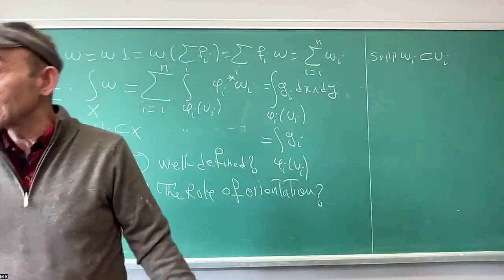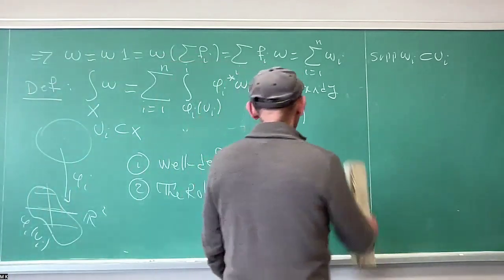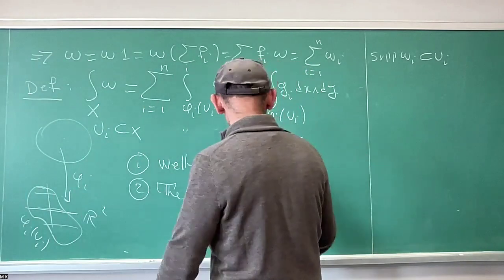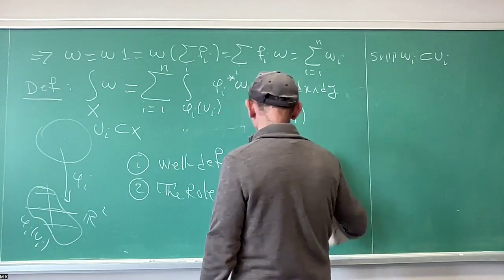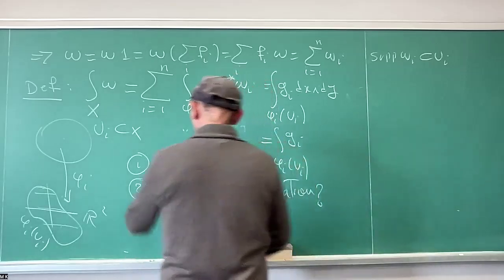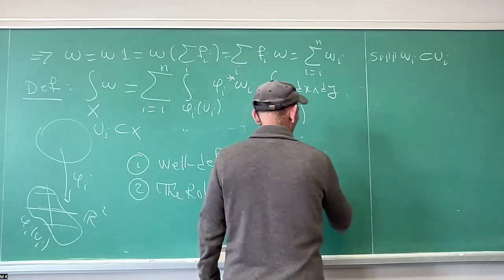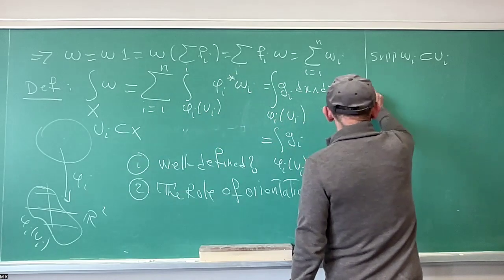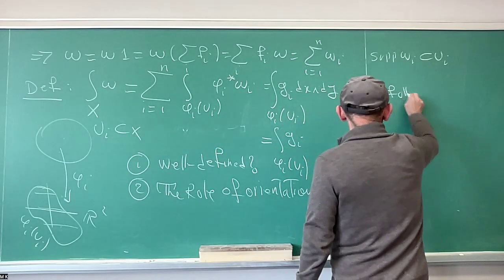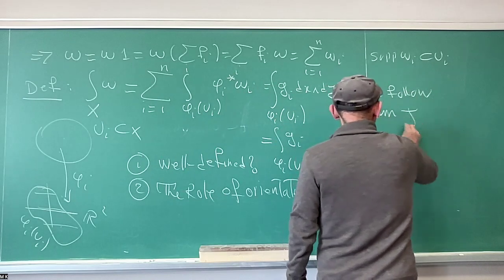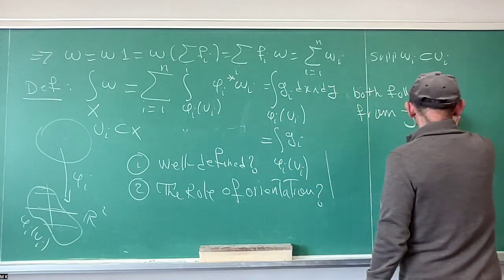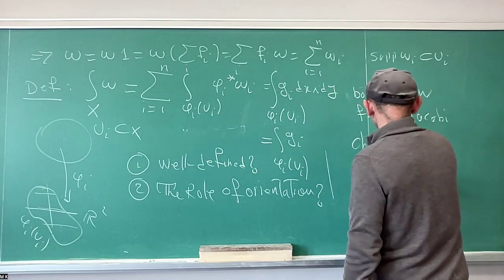That's all we need. And let's see what that says in a little bit of modern language. Jacobi's change of variable formula. So one and two both follow from Jacobi change of variable formula.